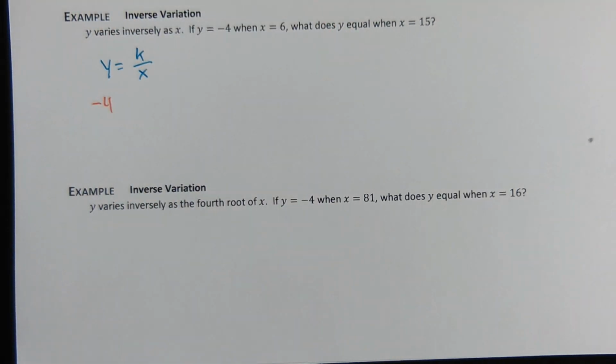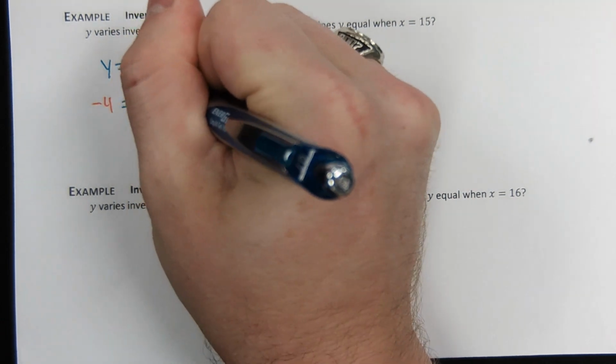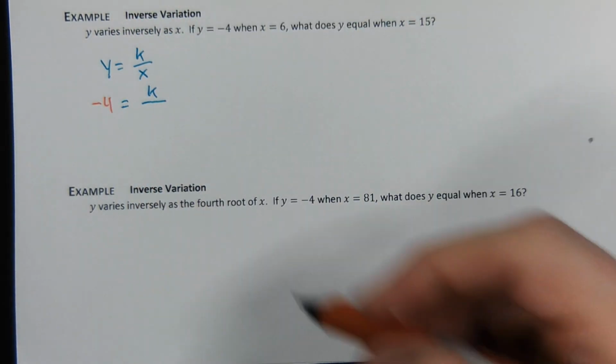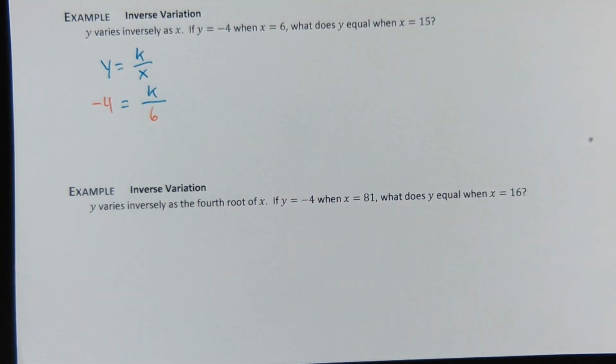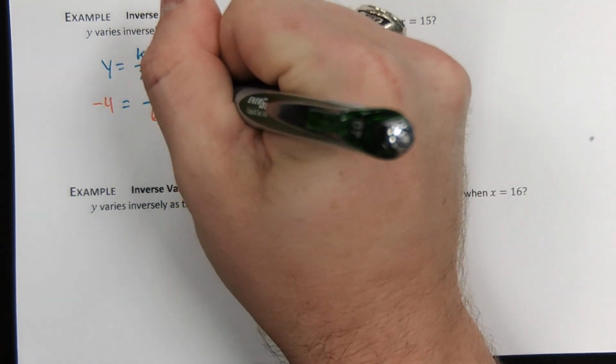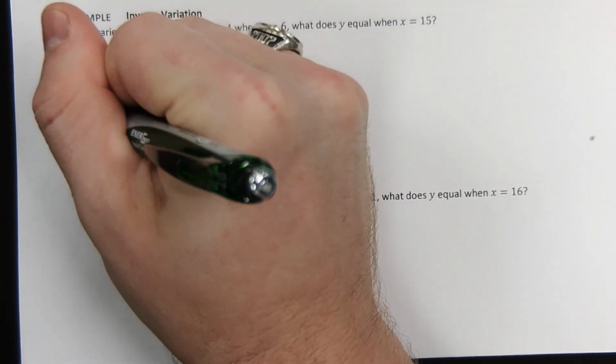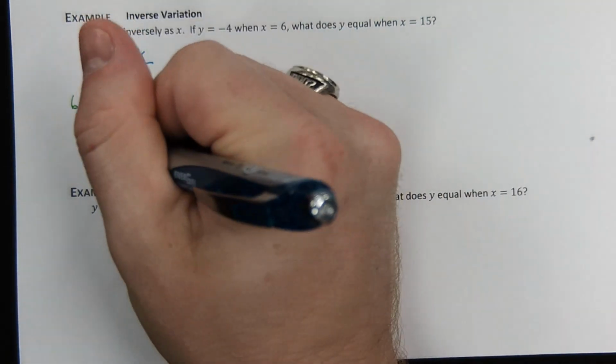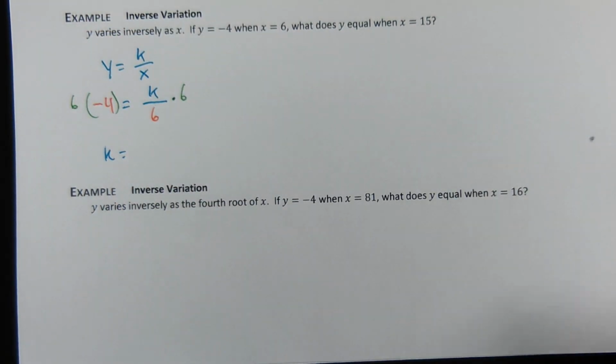-4 equals unknown constant of variation over 6. Since this says divide by 6, I can get k alone simply by multiplying both sides by 6. And that gives me k equals -24.